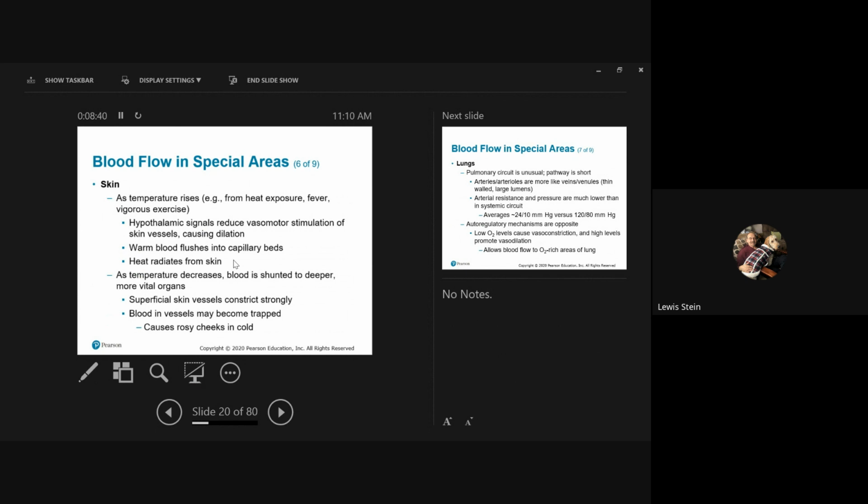We're trying to dissipate the heat that's there. If temperature decreases, blood flow goes to the vital organs, so we don't need it so much in the skin. The concern is that we may not get enough blood flow internally. And even though you might be sacrificing a fingertip or a toe tip, at least the main physical plant is there.